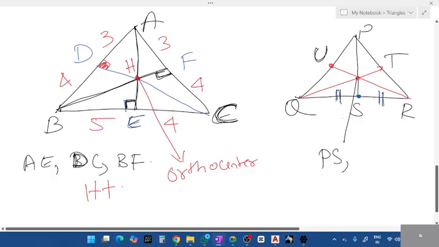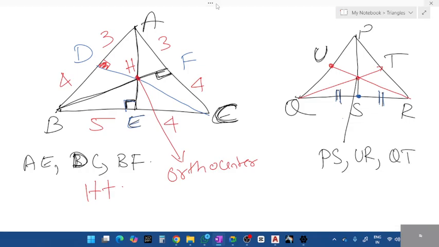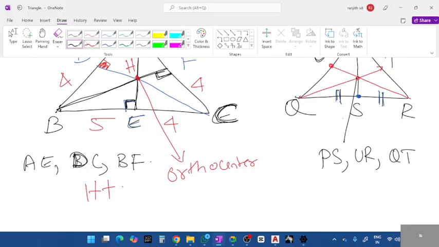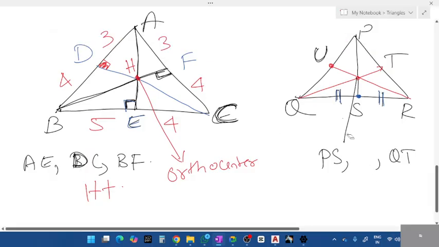In that, PS is one median. Next, UR is one median, and the other one is QT. Yes, QT and not UR, students. The median should start from the vertex. So RU is one median. Median: PS, RU, QT.